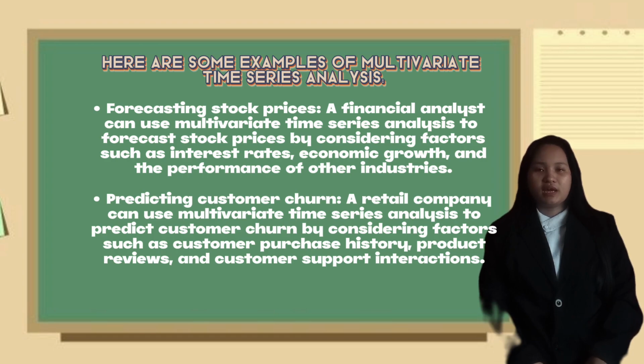The company can then reach out to the customer with a personalized discount offer, prioritize resolving the customer support issues, or offer the customer a loyalty program to incentivize continued purchases.